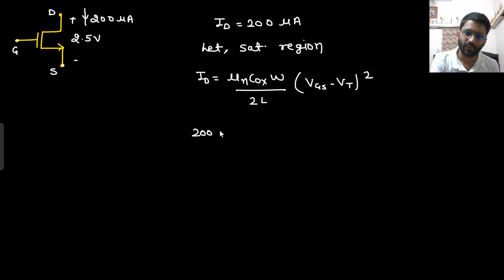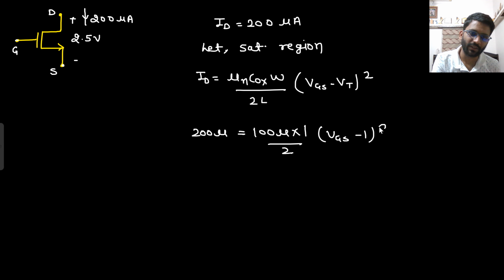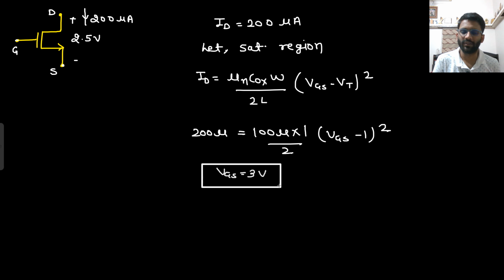So 200 micro is equals to, I will write down this micro for sure, 100 micro into W by L is 1 by 2, VGS minus VT whole square. So from here VGS value came out to be 3 volt.